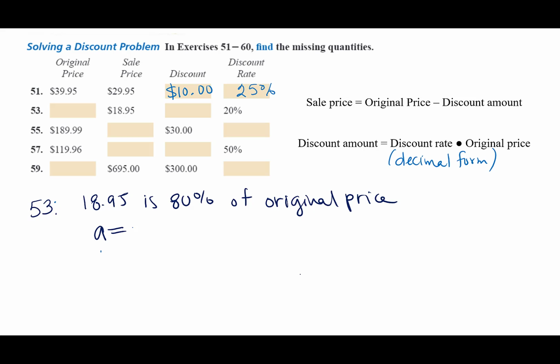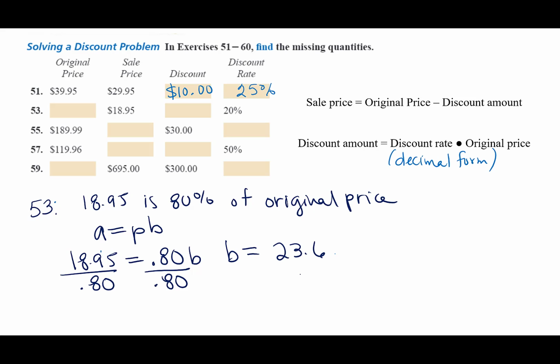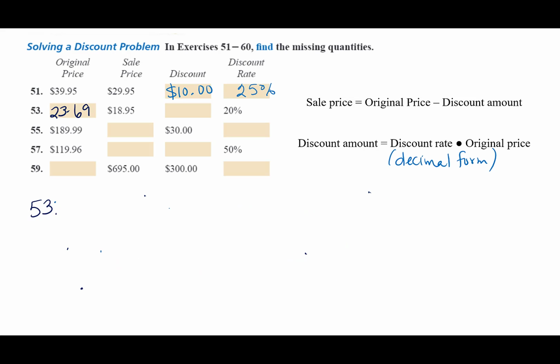Percent equation is A equals P times B. A is the $18.95, equals P, which is our 0.80, times B. Solve for B by dividing both sides by 0.80 to get the decimal 23.6875. But let's go ahead and round it to the hundredths position since we're talking about money. And we'll say the original price is $23.69.